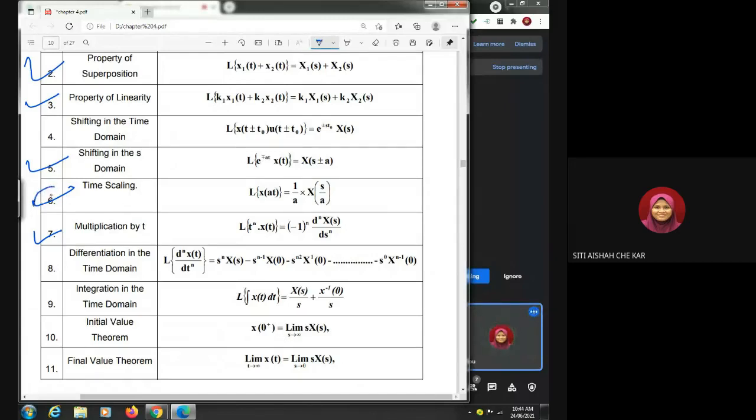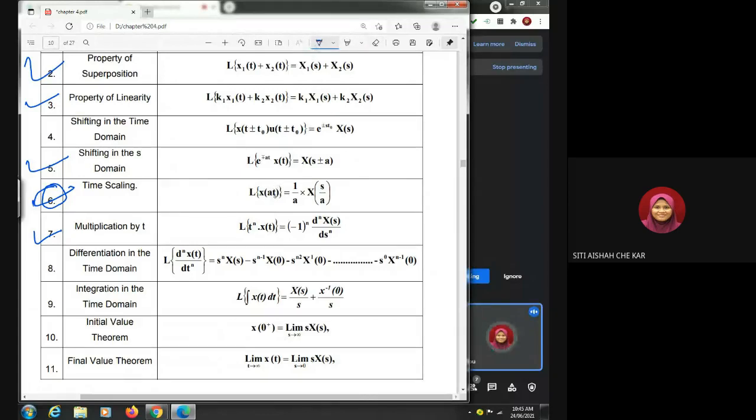Okay, time scaling. So what the time scaling said is, if okay, this is time scaling. So you can see here there is a scalar that is in front of t. Ni duduk depan t.